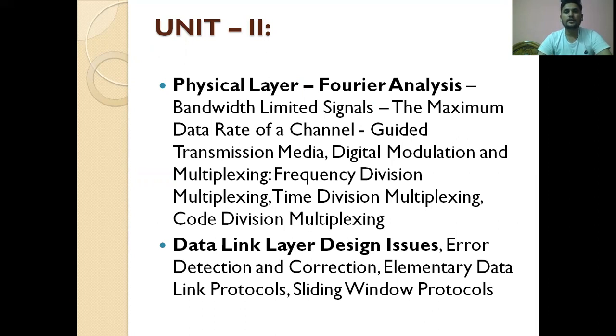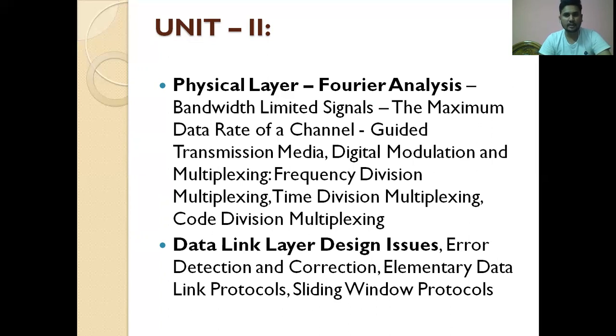Here the important concepts are Fourier analysis and guided and unguided transmission media. What are the paths we use for transmitting data? As we said earlier, the physical layer does the physical connection establishment, and the raw bits of data enter the system. How do these raw bits enter the system?